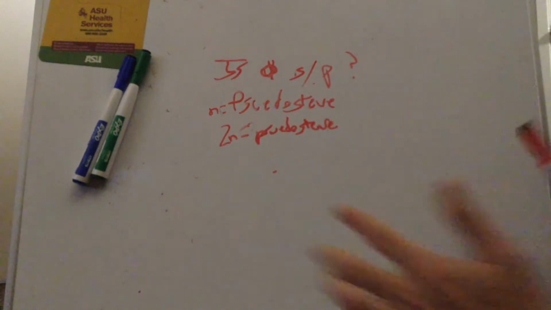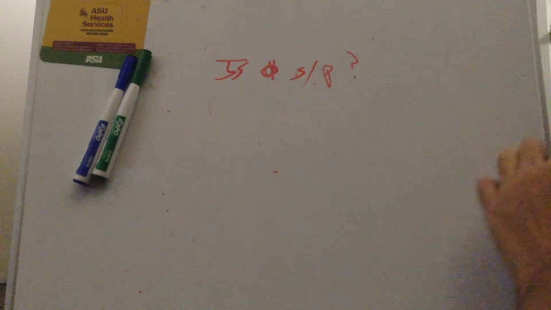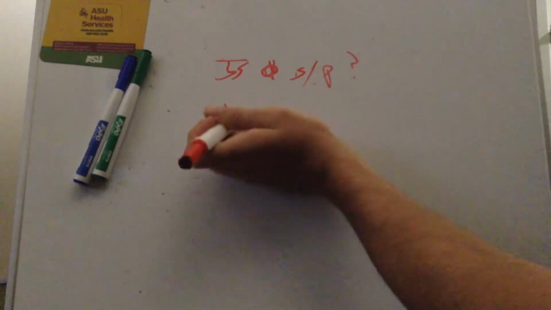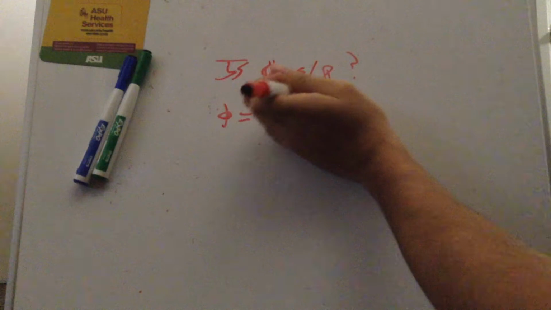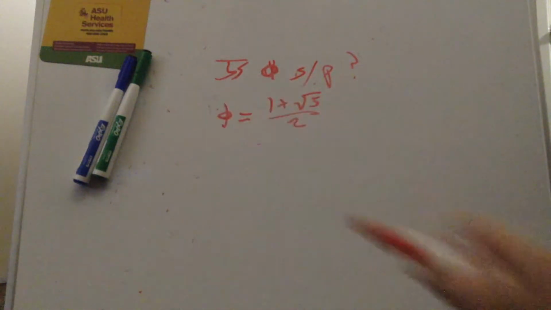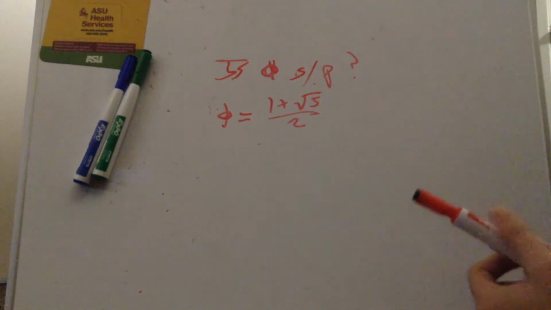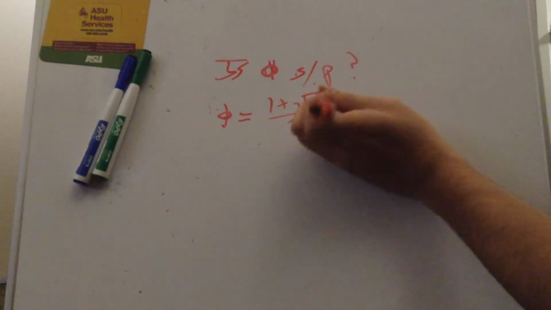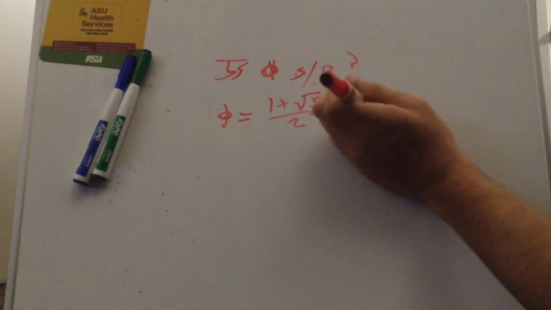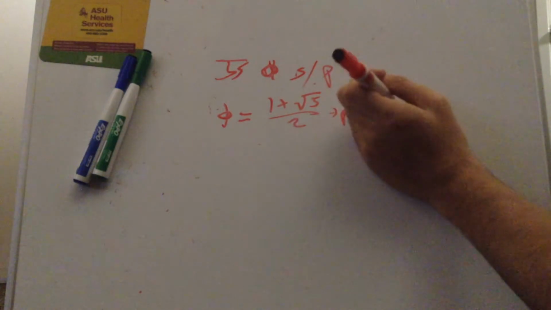Well, that's a problem, though, because we know what phi is. We have a much nicer form for phi. 1 plus root 5 over 2. So this, by necessity, is a pseudo-Steve.